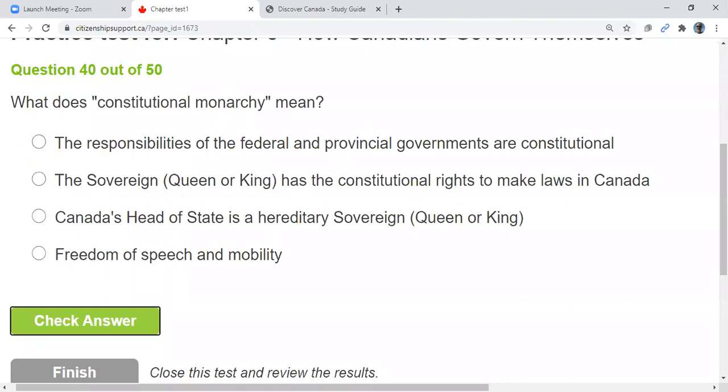Okay. And then can you do this one? What does constitutional monarchy mean? Try to remember number one. But for the monarchy part, if you would just say constitutional, that would be okay.